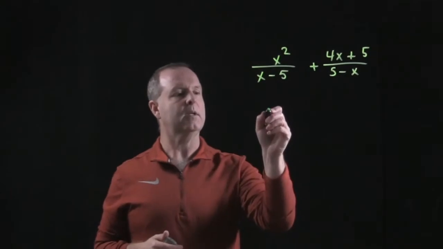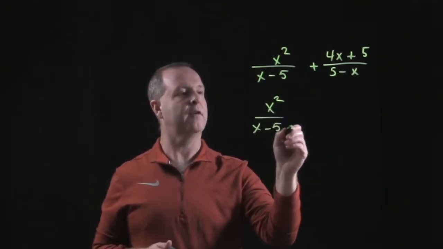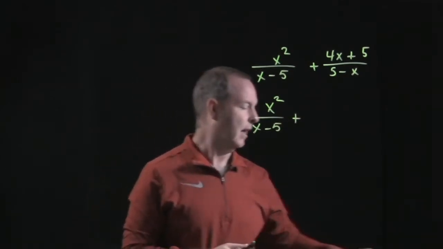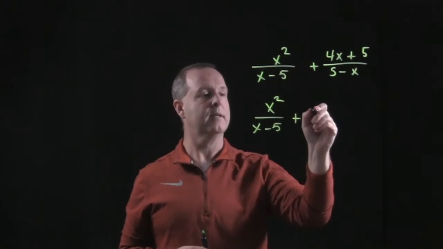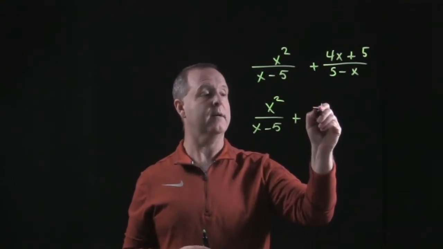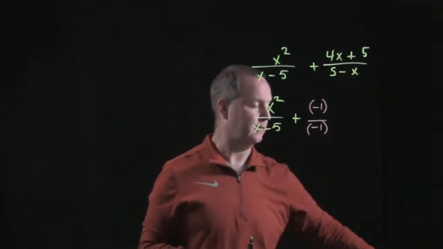Well, let's continue the problem by looking at a clever version of 1. I'm going to multiply the second expression by a clever version of 1, and the one I'm going to choose is -1 over -1.